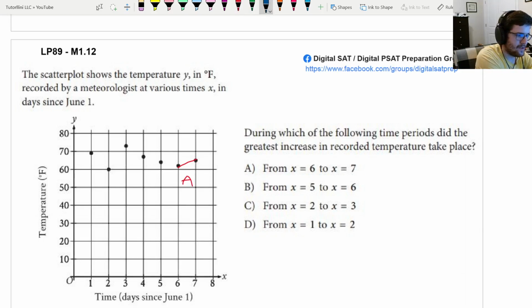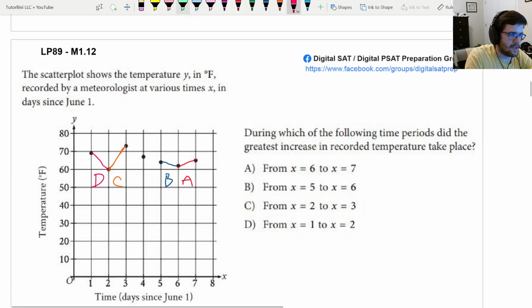That is here, so we could call that B. X equals 2 to x equals 3. That is here, so we can call that C. And D, x equals 1 to x equals 2. Okay, so let's label that as well. We can call that D.